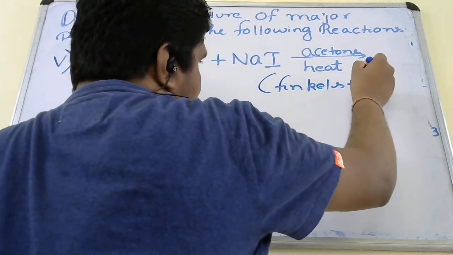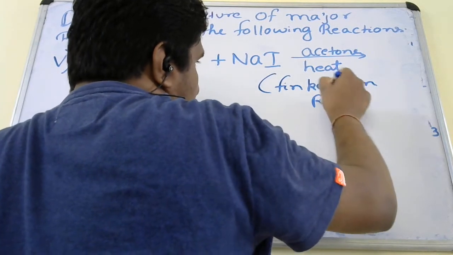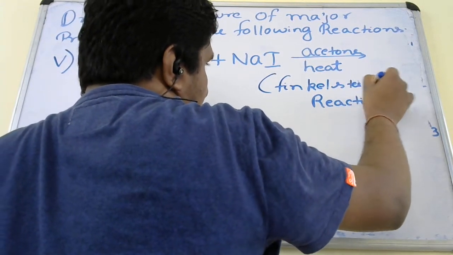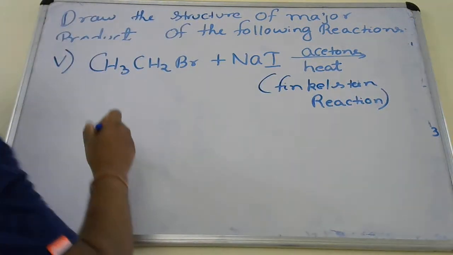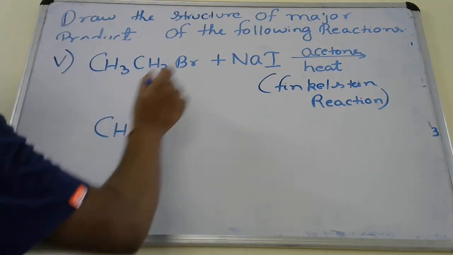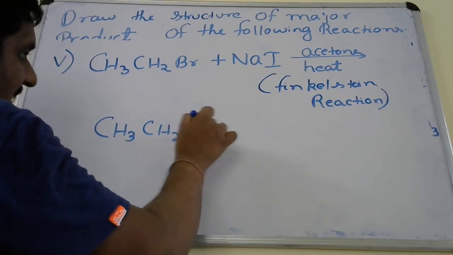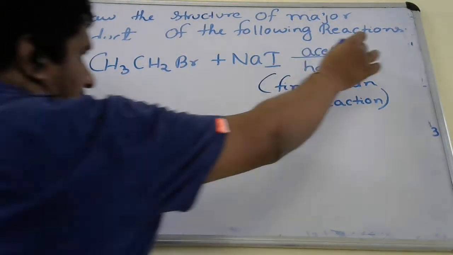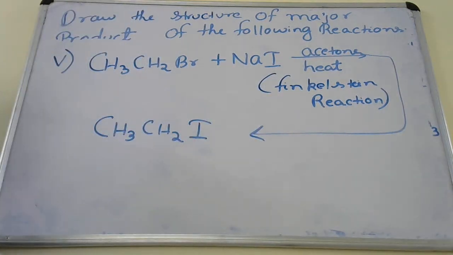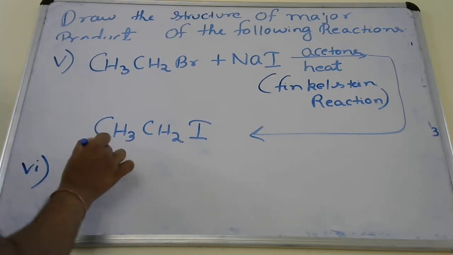Finkelstein reaction. So bromine will be replaced by iodine, so you will get an alkyl iodide. So the product will be ethyl iodide.